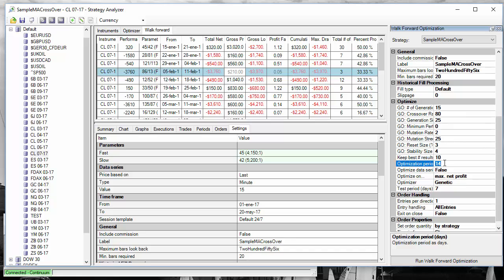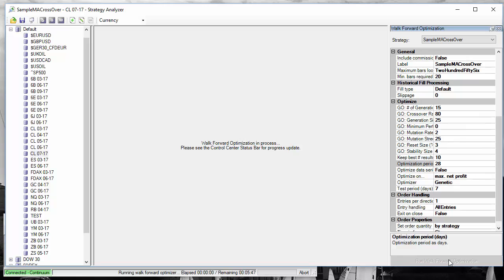Now we can try using a bigger optimization period, for example 4 weeks. So we optimize 4 weeks into the past and trade those settings 1 week into the future, and so on for each week.